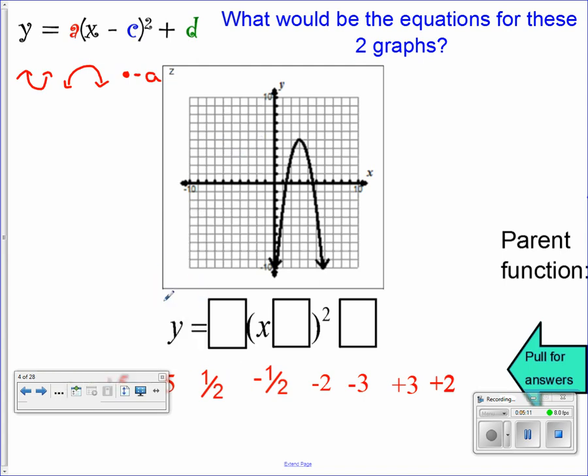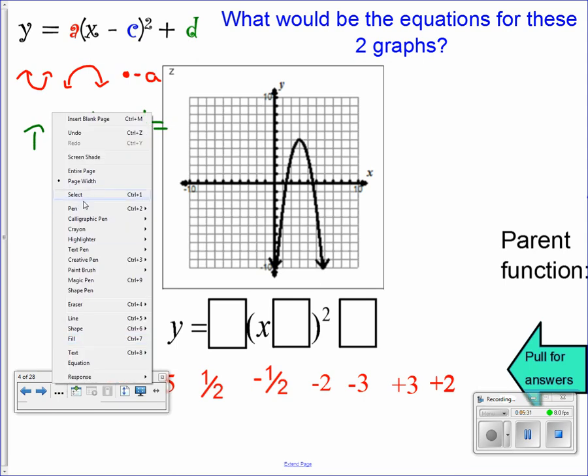Now let's look at, did it shift up or did it shift down? If we're shifting the graph up or down, are we looking at the c or the d value? If you said the d value, it's going to be correct.